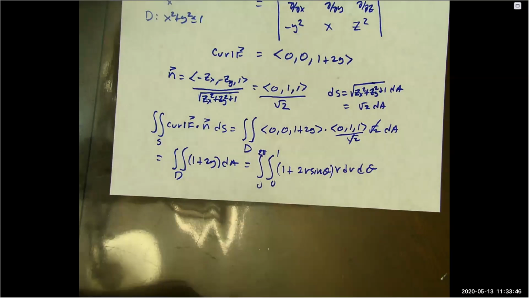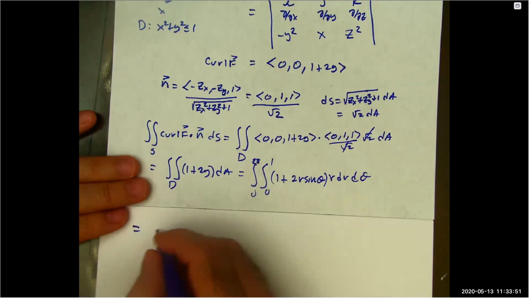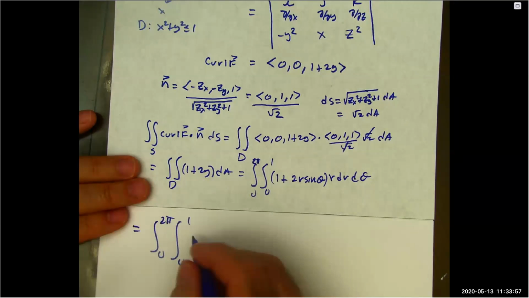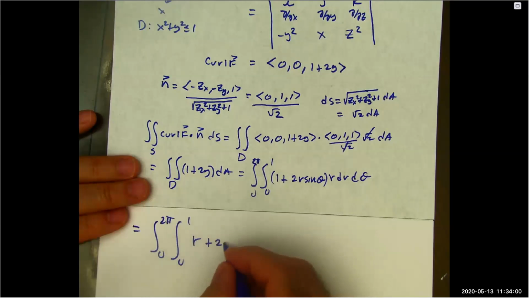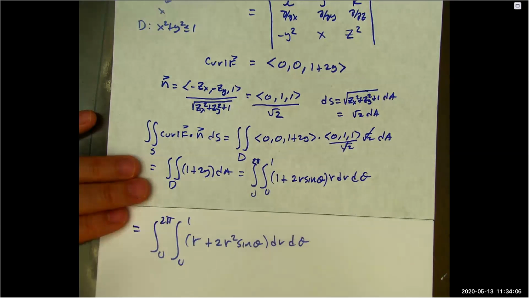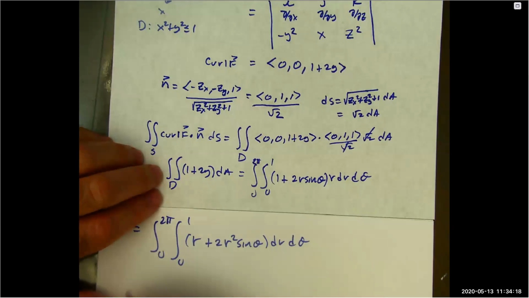And so if we distribute that r, we're going to have the integral from 0 to 2 pi, and the integral from 0 to 1, of r plus 2r squared sine theta, dr d theta. And then we can, first of all, integrate with respect to r. We can't multiply them in this case because we're not able to factor this as a function of r times a function of theta. So we just have to do it the regular way.